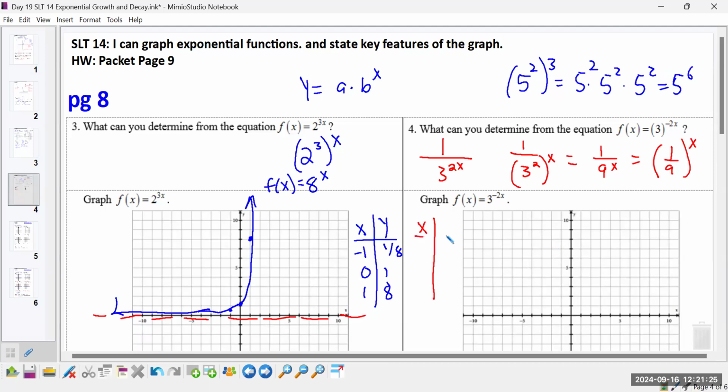The table for this one's going to be small also because I'm not going to be able to fit a lot. 0 is 1, and that's just 1 times 1 is 1. If I put in -1, it will flip the 1/9 over to 9. And if I put in 1, it's just 1 times 1/9.